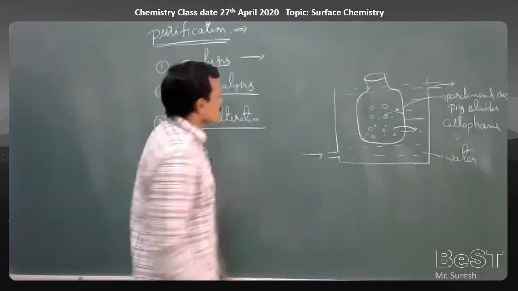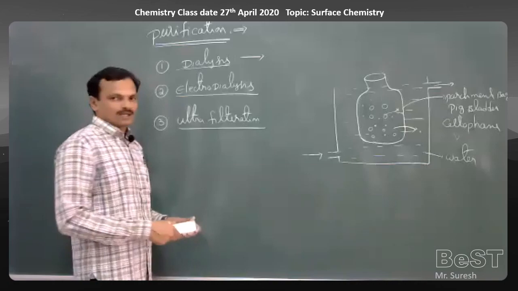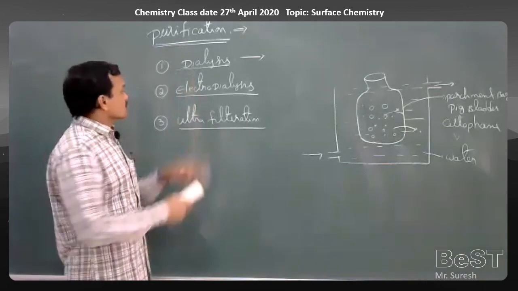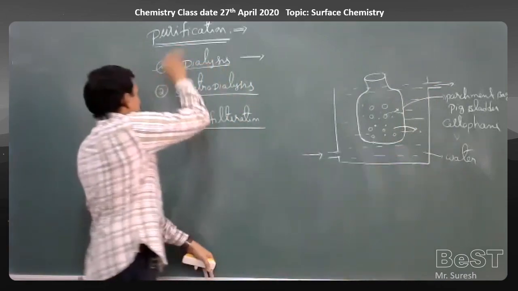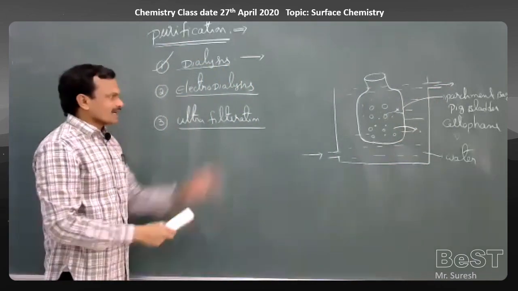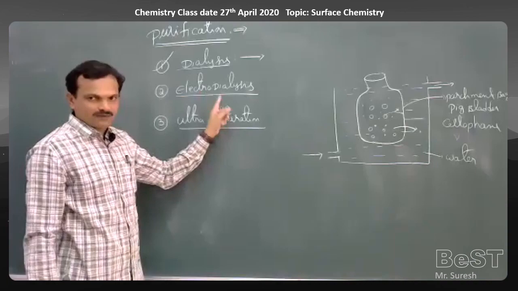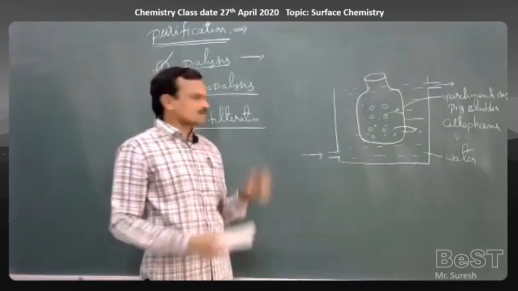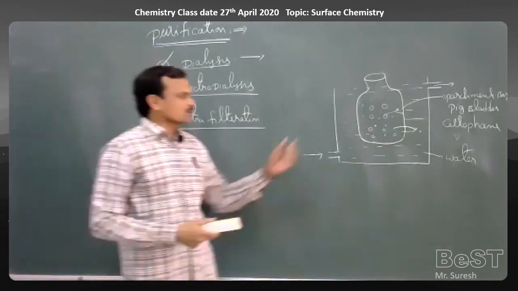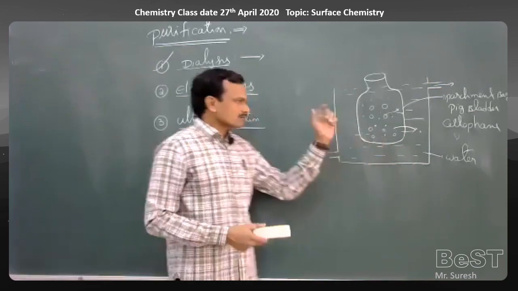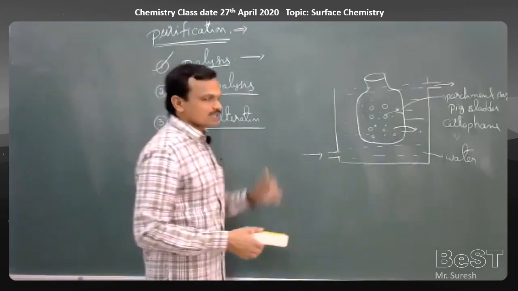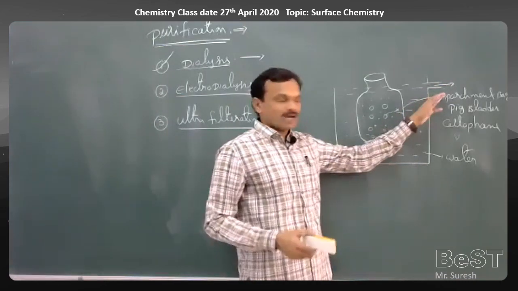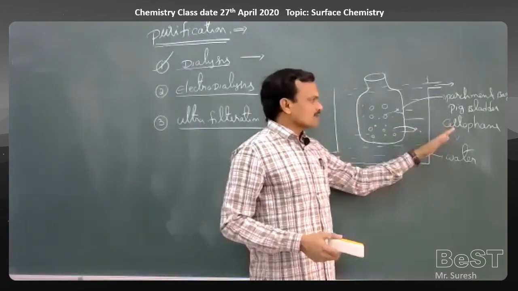So this process of removal of electrolyte particles from a colloidal solution by using a suitable membrane is called dialysis. So dialysis is the process of removal of electrolyte particles by using a suitable membrane. This is called the dialysis method. For dialysis, the commonly used substances are parchment bag, that is pig bladder, and cellophane sheet.